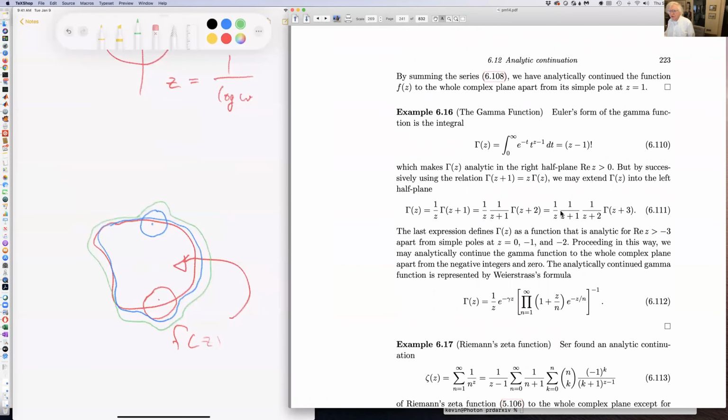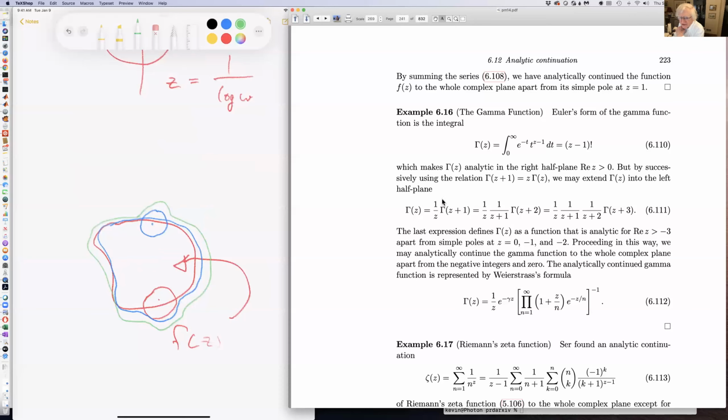So I'll just talk about the example of the gamma function. We saw that because gamma of z plus 1 is z gamma of z, we can expand gamma of z to the left half plane. In other words, it's originally defined for when the real part of z is greater than 0, so you avoid the singularity when t equals 0.